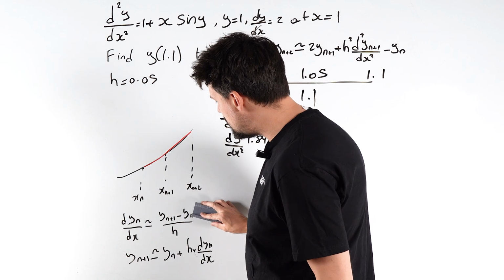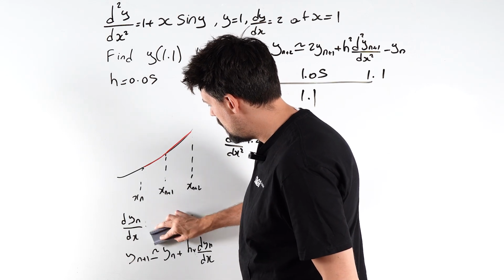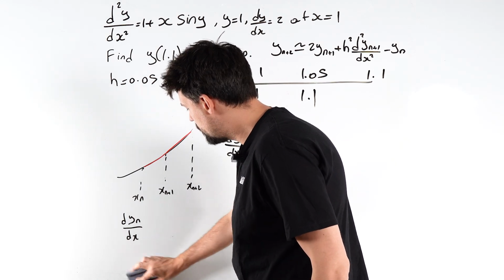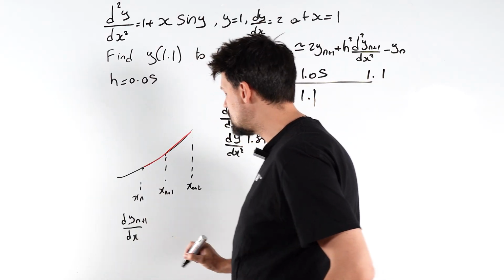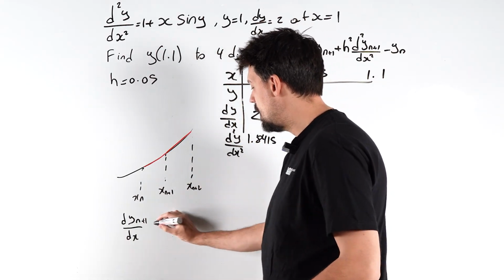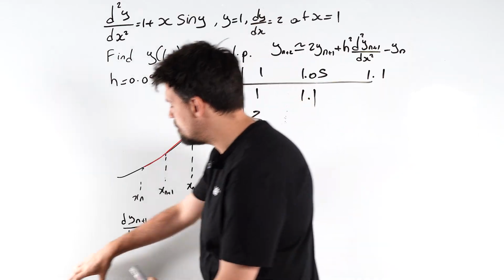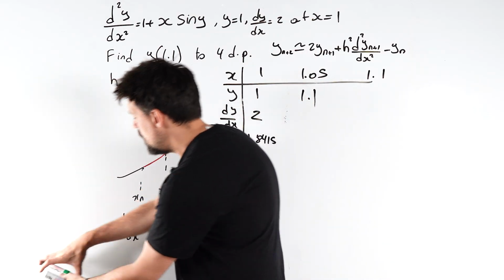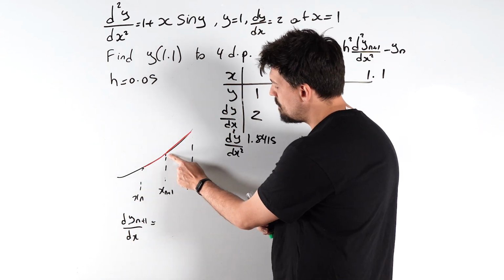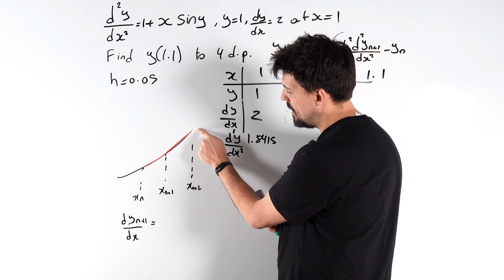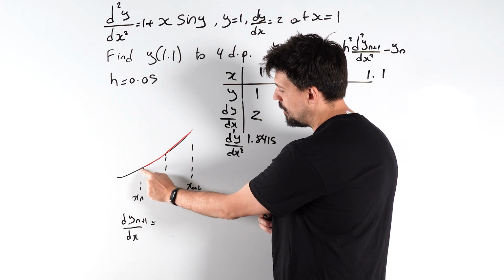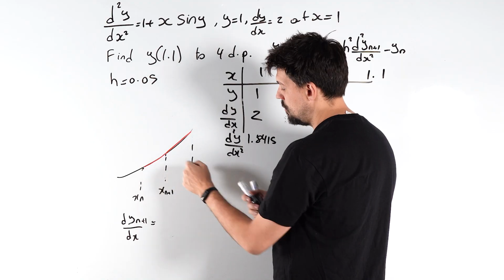So instead, how about we go for that two-step Euler? So let's look at the gradient at this point here. There's always a couple of ways. I could approximate the gradient here by using the next point, in which case my gradient will be too big. I could approximate the gradient here by looking at the gradient here, which will be too small.